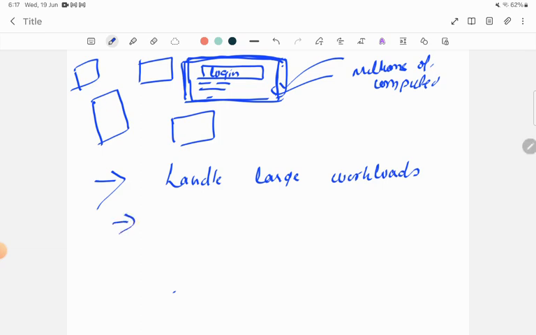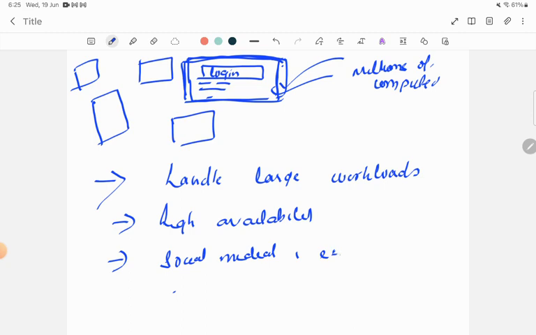Also, they are used to provide high availability. The next need is running large scale applications, such as social media or a big e-commerce site. This type of application generally needs a distributed system. So this is the introduction of distributed systems.